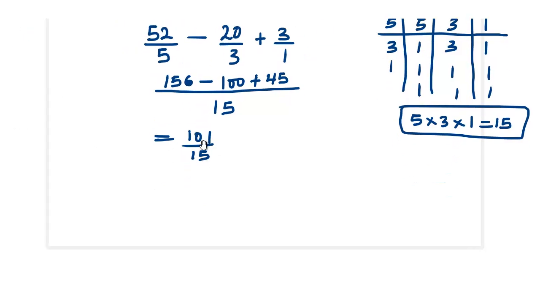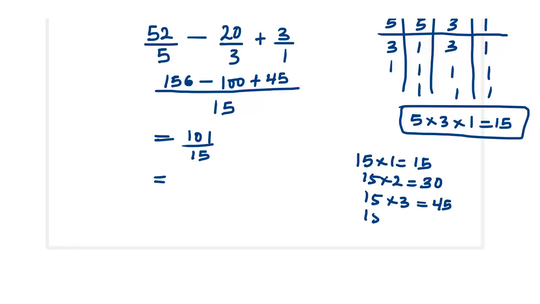And so how do we now determine the mixed fraction equivalent? How many 15 can we see in 101? There is a checklist that we can use in determining this. How do I know? You can say 15 times 1, that is 15. Then 15 times 2, that will give us 30. Then 15 times 3, that will give us 45.